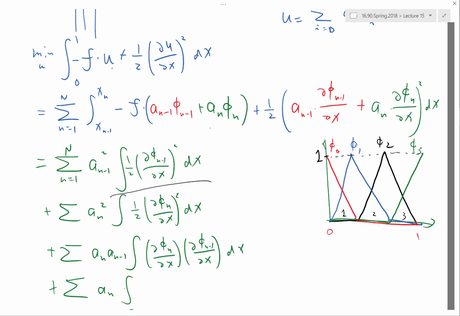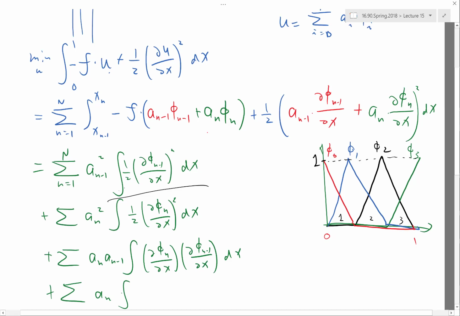That's the size of this derivative, and it's a constant. So how is that squared integrated over that element?